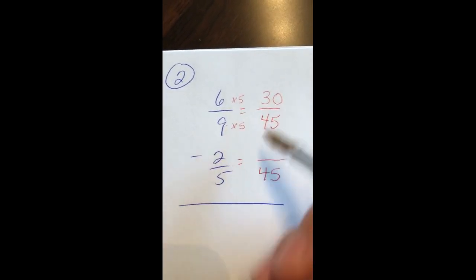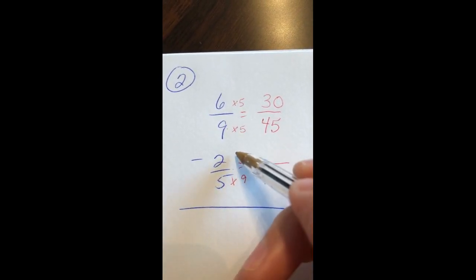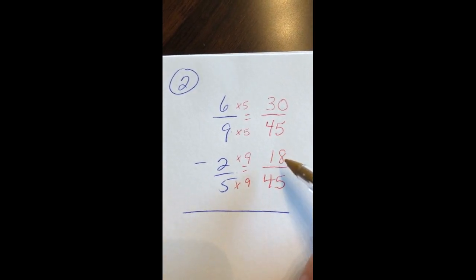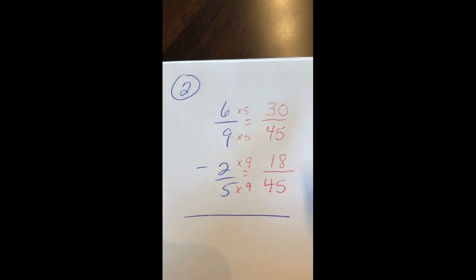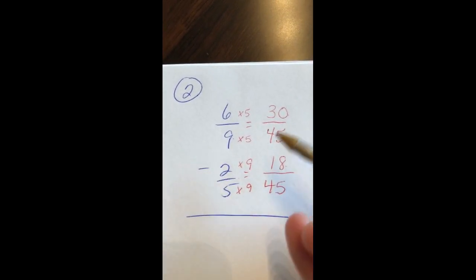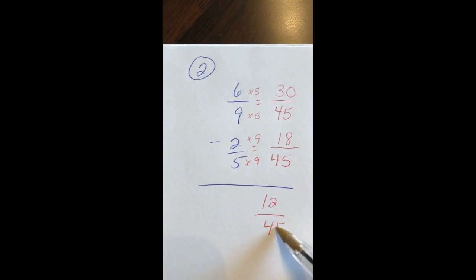Now let's multiply the bottom. 5 times 9 is 45. 2 times 9 is 18. Now my next step is to subtract 30 minus 18, which would give us 12 over 45.